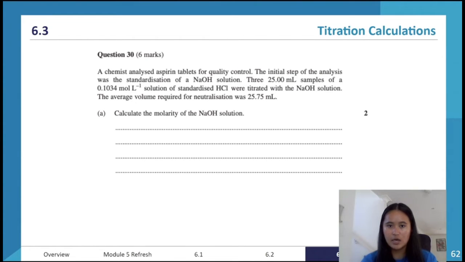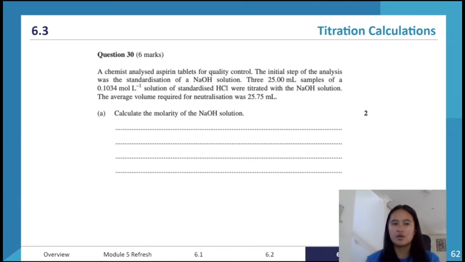Same kind of thing here. They analyzed aspirin tablets for quality control. They had 25 mL samples of a 0.1034 solution titrated against sodium hydroxide. Average volume was that. So same thing, it has a 1-to-1 ratio. So we use the concentration of standardized hydrochloric acid.